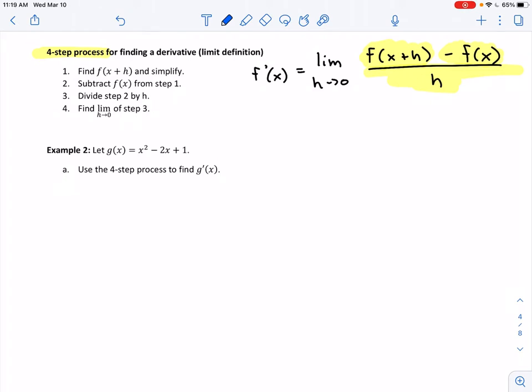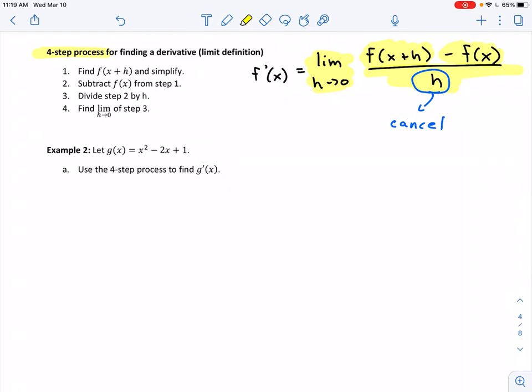In particular, for this step, your goal is to cancel this h. You'd really like to cancel that h. And we'll see a few different ways that can happen. You should get to a point where you can cancel that h, and then finally, step 4 says now take the limit as h approaches 0 of what you found in step 3.